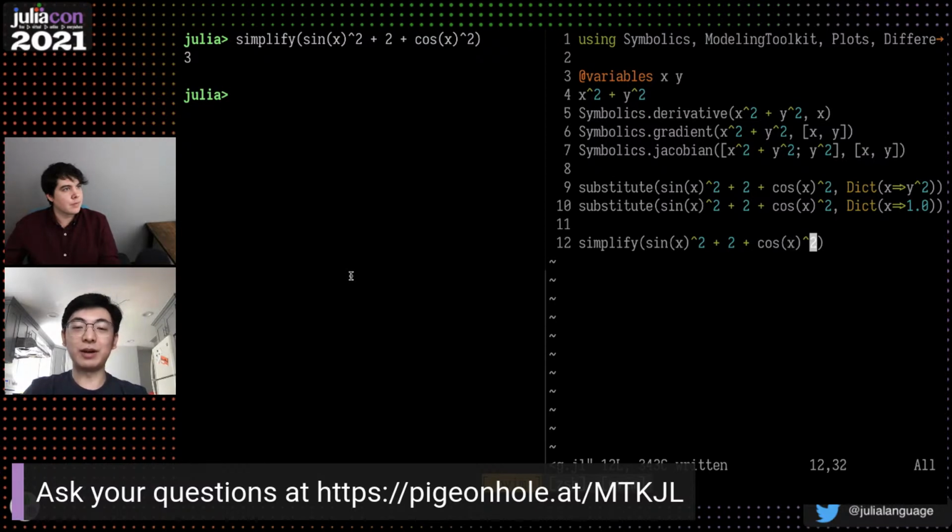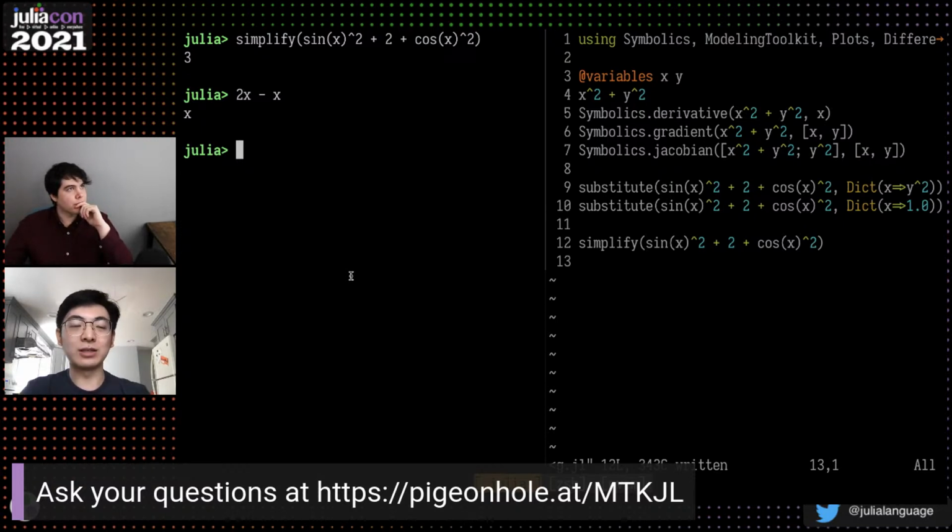So not only do we simplify by using the simplify function, we also do simplification during term construction. So let's say if we have the term 2x minus x, that will directly simplify to x. The expression wouldn't be 2x minus x, because we know this is just directly equal to x, right? And then this constructor level simplify not only works on simple variables like just x, it also works on expressions.